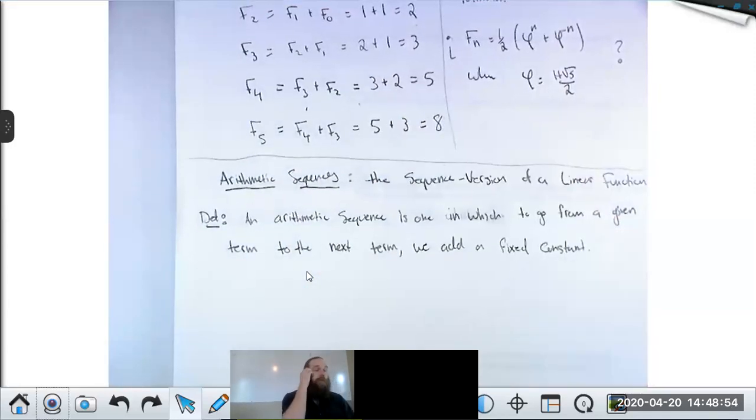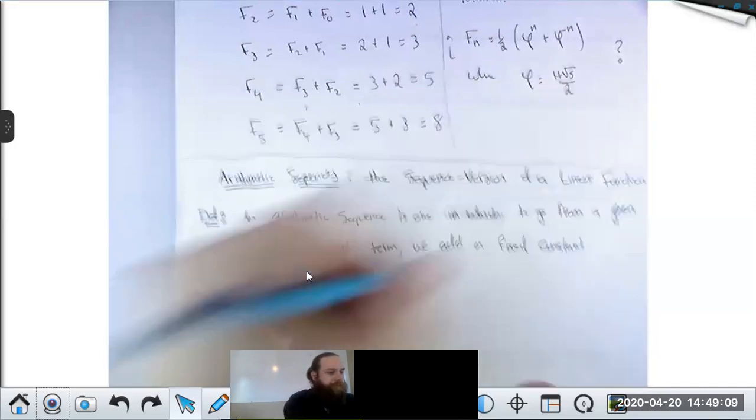So like in our sequence of odd numbers, 1, 3, 5, 7, 9, 11, that is an arithmetic sequence because to go from one term to the next term, we add 2, right? 5 is 3 plus 2, 7 is 5 plus 2, 9 is 7 plus 2, and so on.